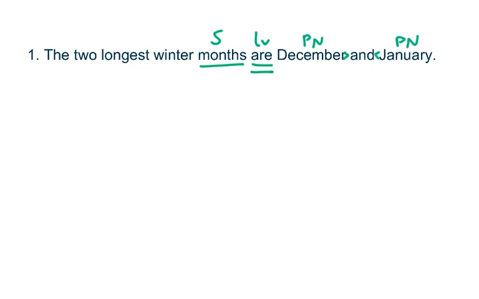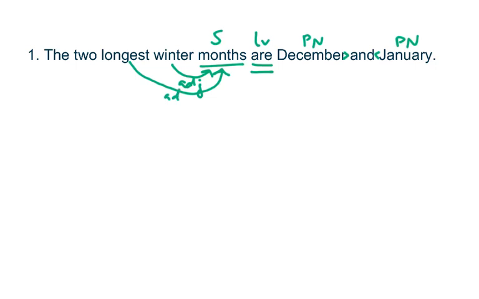All right, let's look at the things we haven't marked yet in the sentence. Winter. What does winter do? It describes months. Adjective. What does longest do? Once again, it's an adjective that describes months.